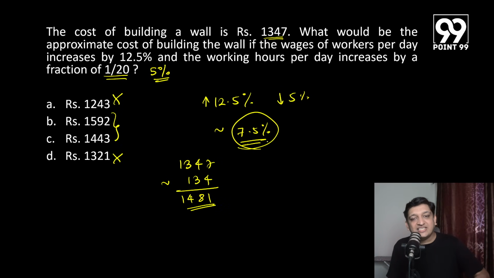But this increase is by less than 10%. So our answer is going to be less than 1481 or 1443. 1592 is way higher, and that cannot be our answer. So the actual answer is 1443. You can do it using the conventional method as well, but this is the shortcut that you can use to solve these kinds of questions.